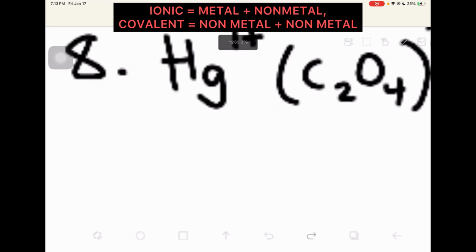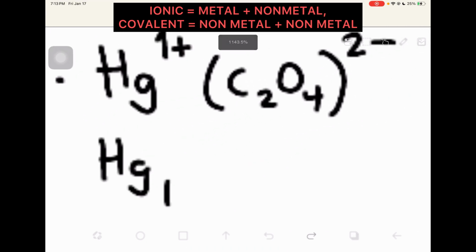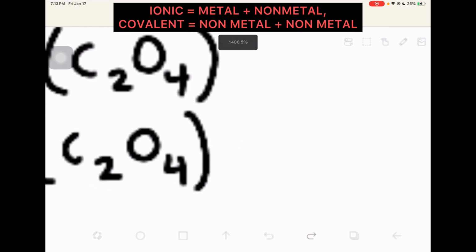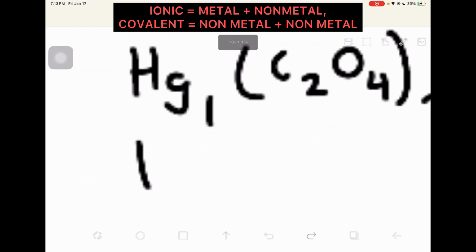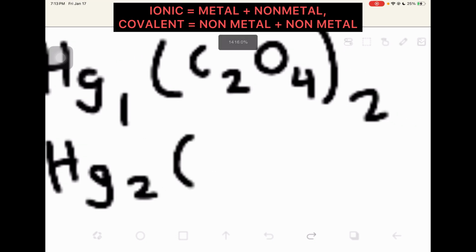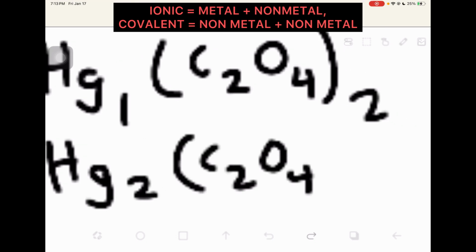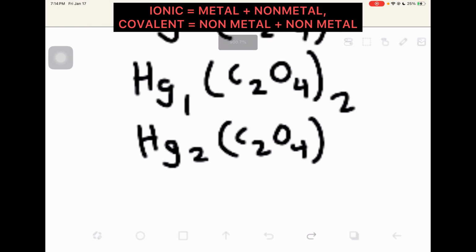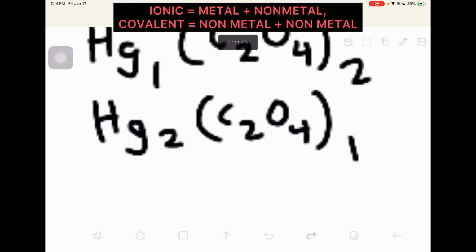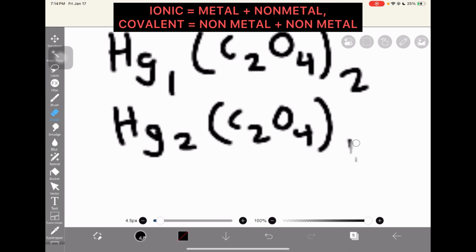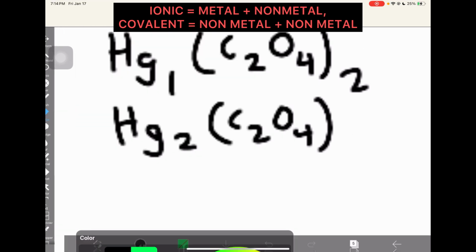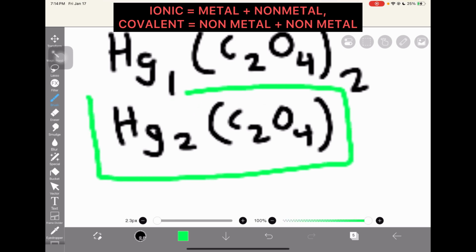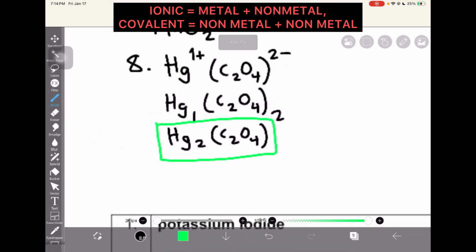So we do the drop. And then we do the swap. Then we don't swap. Then we just remove the one over here, and then we reduce. So we don't need to reduce anymore. This is the final answer.